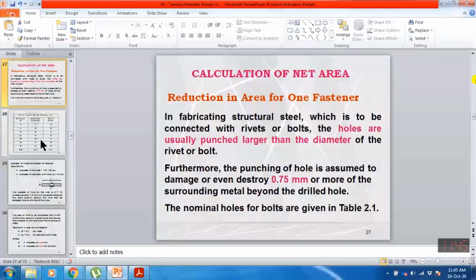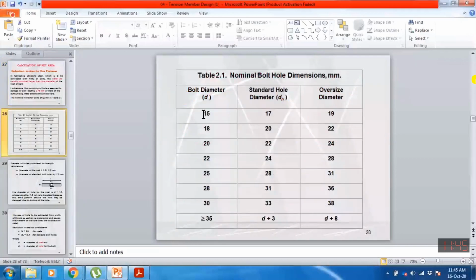If I want to use the diameter of the bolt as 15, then the DH value will be 17. So you don't need to memorize this value. These are provided there. They might be at the end.